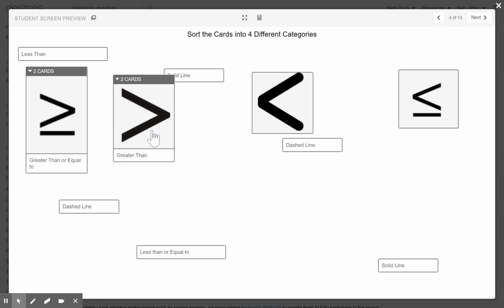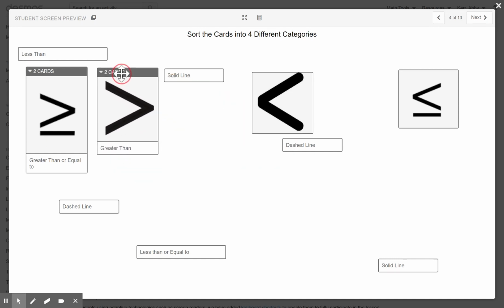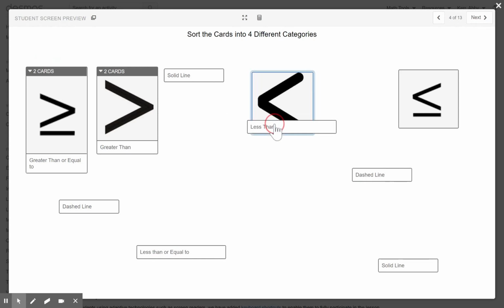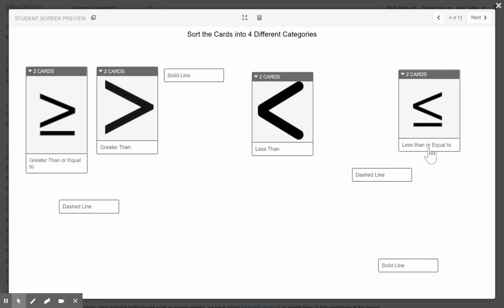So then this one must be greater than. And then the one that looks kind of like a less than symbol, or an L, I guess, is how I remember that it's less than. So there's no equal sign here, so it's just less than. And then there's an equal sign under there, so then that's less than or equal to.